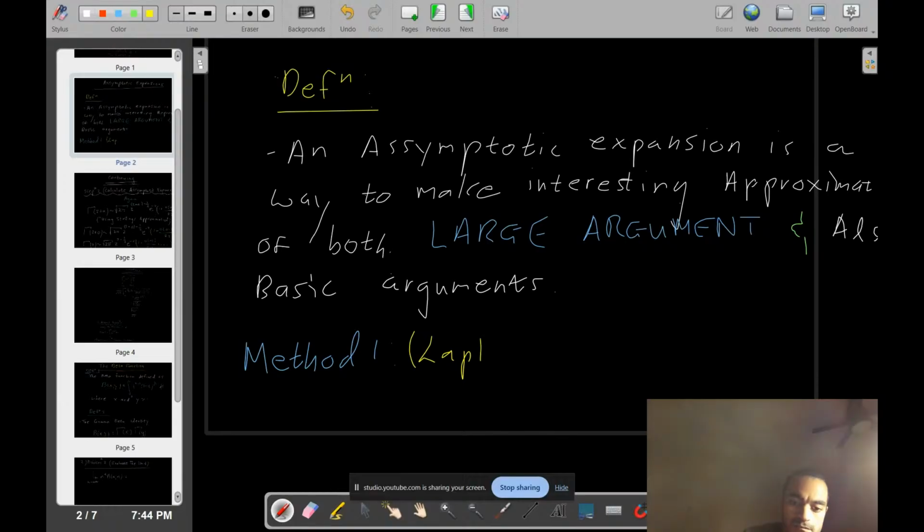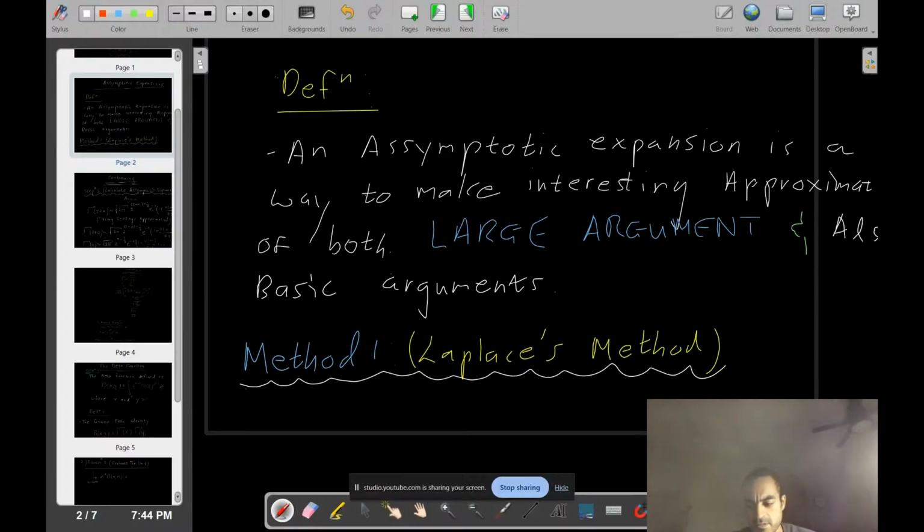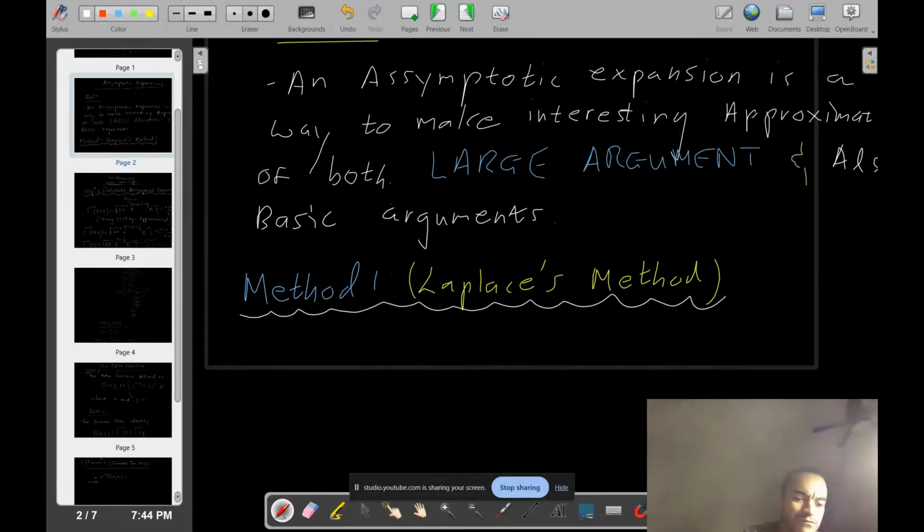Not to be confused with Laplace transforms. They look the same, it's true, but they don't have the same function. So Laplace's method is the following.